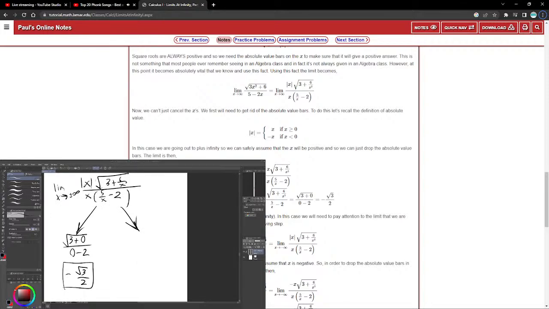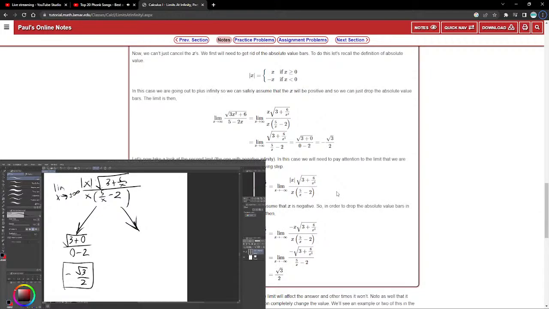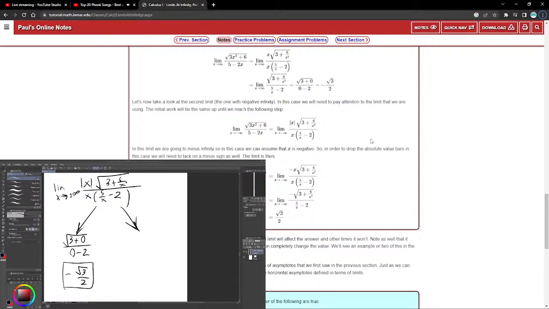Let's now take a look at the second limit, the one with the negative infinity. In this case, we need to pay close attention to the limit that we are using. The initial work will be the same until we reach the following step. In this limit, we are going to minus infinity, so we can assume that the x is negative.